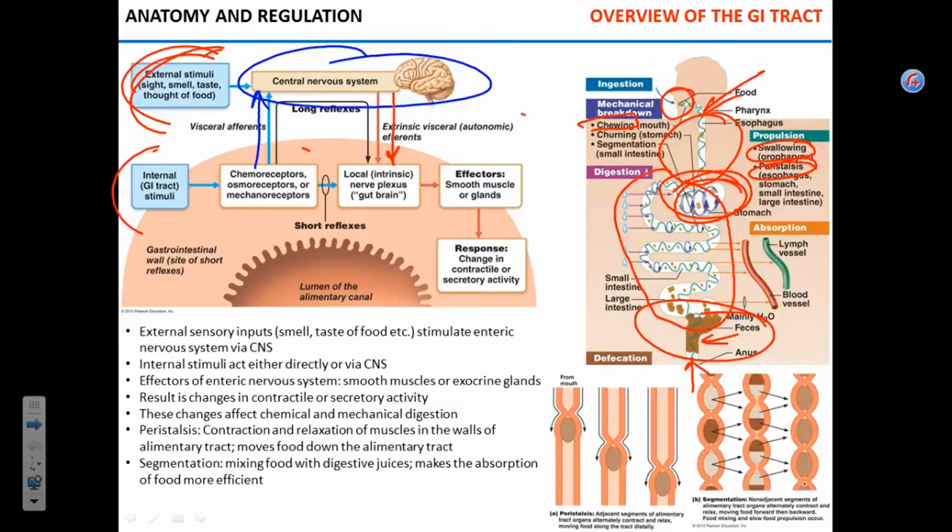Or these visceral or autonomic efferents may include glands, secretory glands, exocrine glands. They can be large, like pancreas, or they can be very small, little tiny glands in the intestines and stomach, in the walls of the organs. They will produce different digestive juices. Does that make sense?